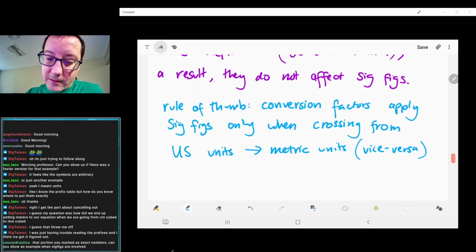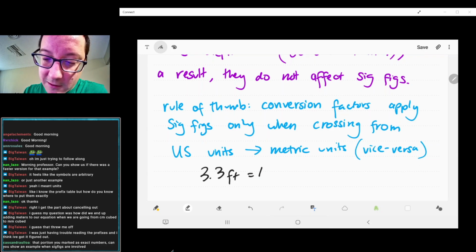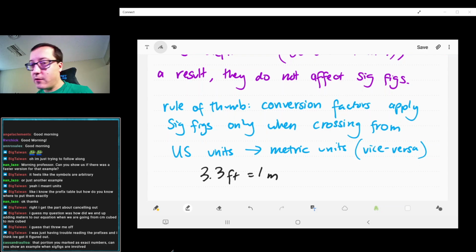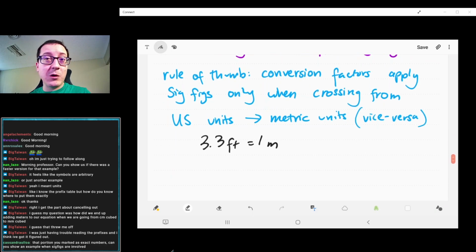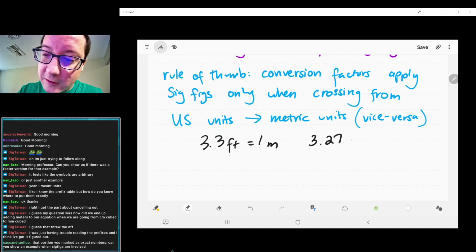So, for example, having 1 foot, or rather 3.3 feet is 1 meter, that is not a definition. Nobody has said, okay, we're going to take our foot and base it on the meter. No, unfortunately, because they're 2 different systems, they're based on different things. And so you're going to see that that is a conversion factor where we do have to worry about Sig Figs. And let's think about this a little bit more, because I could also tell you that 3.27 feet is 1 meter.